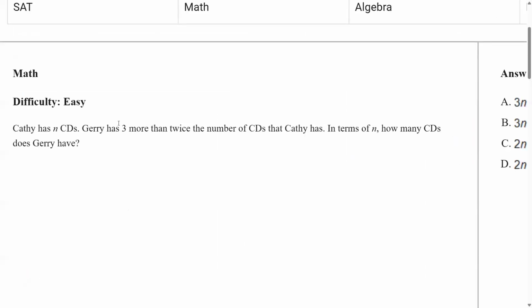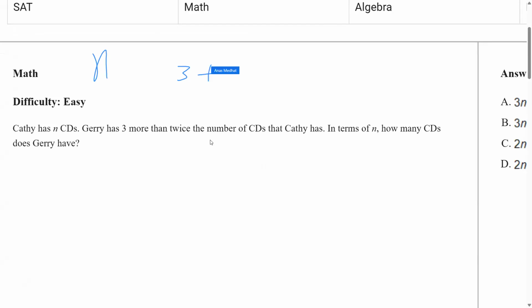Kathy has n CDs. Gary has three more than twice the number of CDs that Kathy has. In terms of n, how many CDs does Gary have? Kathy has n, and Gary has three more than twice the number.